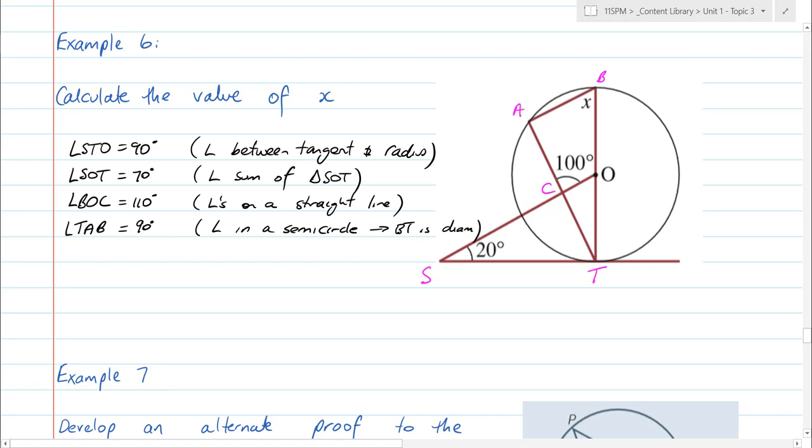So angle in semicircle with BT as the diameter. And then I'm going to make the statement, therefore, x plus 90 plus 100 plus 110 equals 360. This is the angle sum of a quadrilateral. And so x must be equal to 60 degrees.